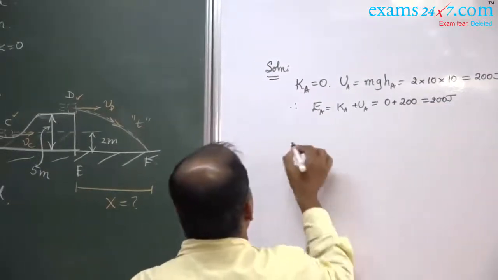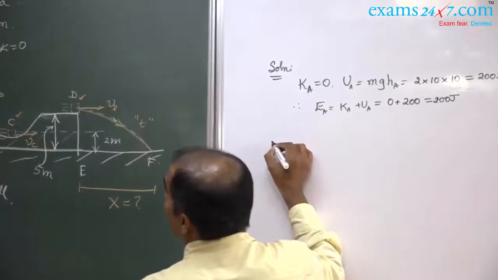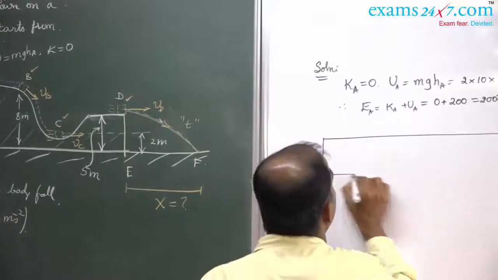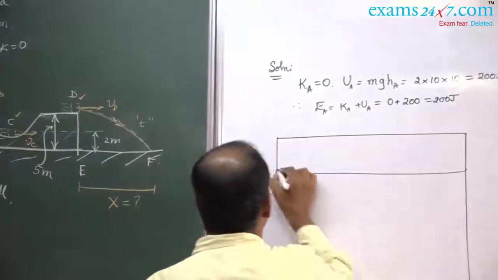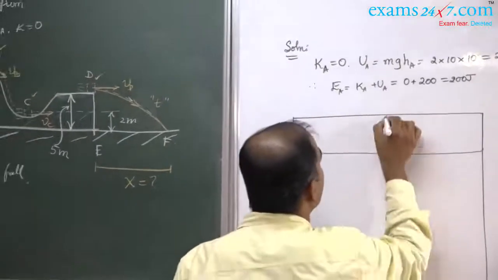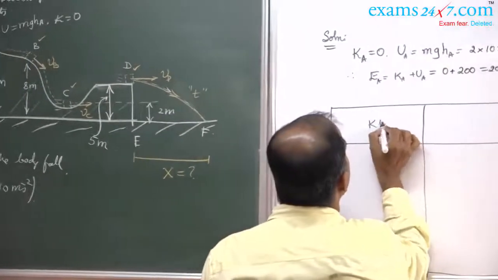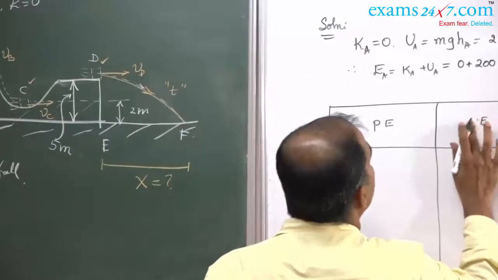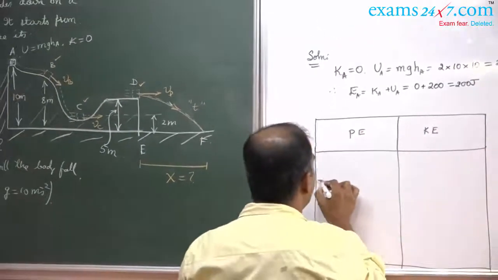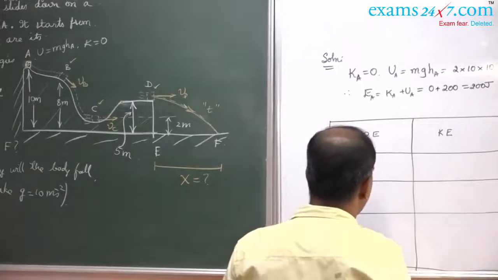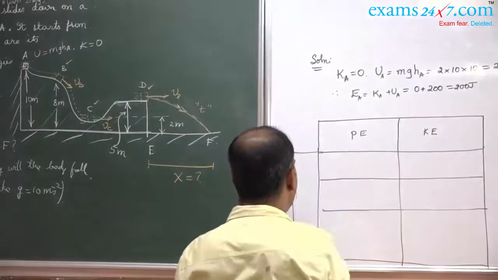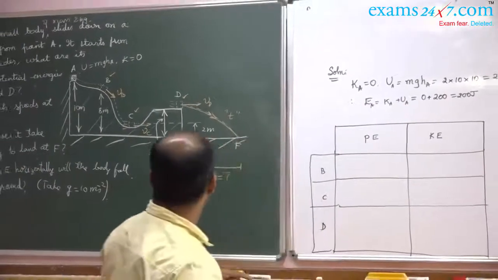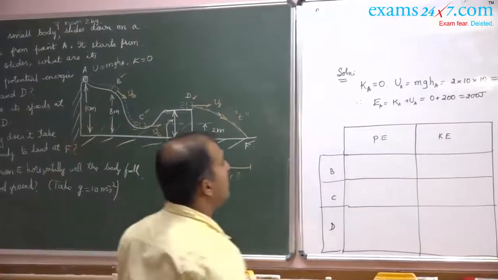So we'll find out the potential energies at B, C and D. So we'll probably draw a table wherein we'll find potential energy on one side, kinetic energy on the other side, at B, C and D. Now potential energy at B, very easy.